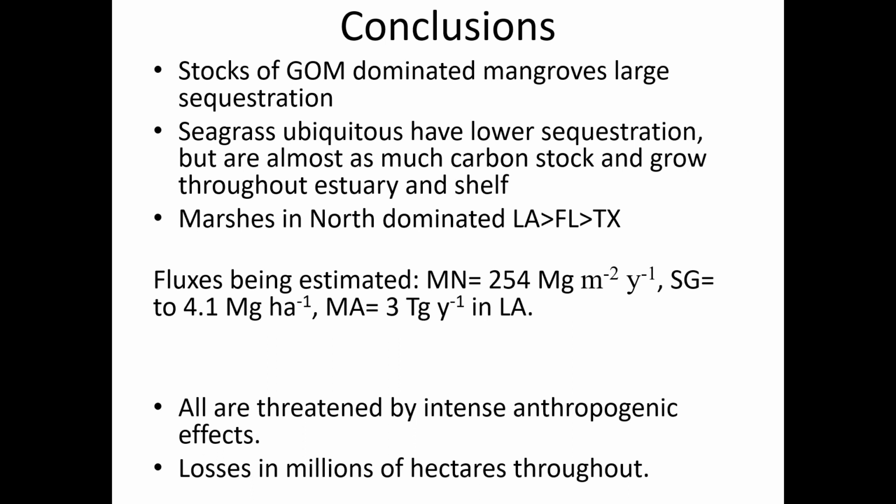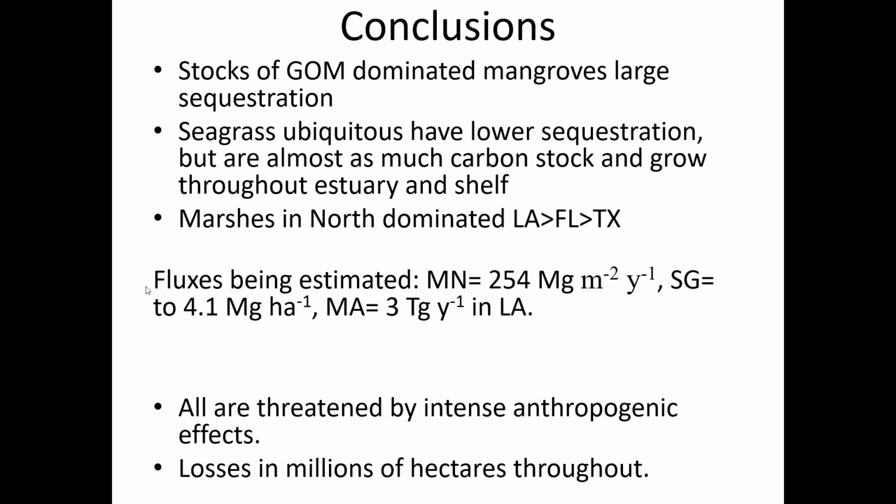Second, seagrass were all over the place, temperate, subtropical, and tropical, but they had much less sequestration, about half, and also they had been highly impacted. And the marshes strictly dominated in Louisiana, Florida, and Texas.